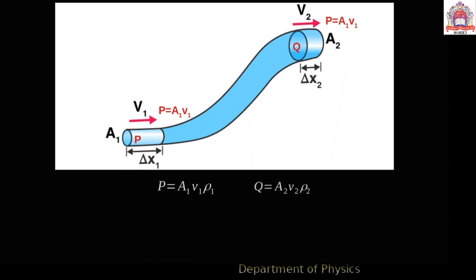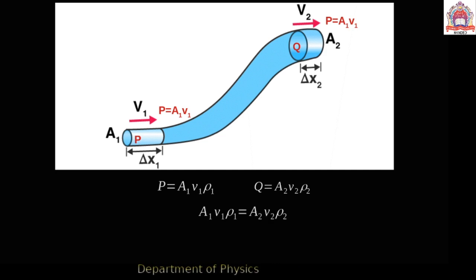If there are no sources or sinks within the volume of the liquid between the sections P and Q, then the mass of liquid crossing the areas A1 and A2 per second must be the same, that is A1 V1 rho 1 is equal to A2 V2 rho 2.